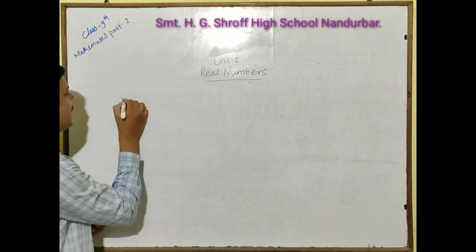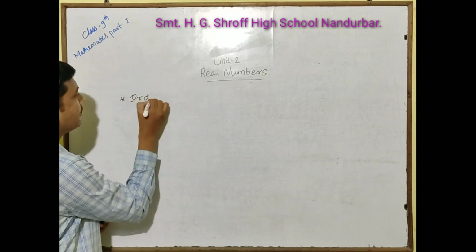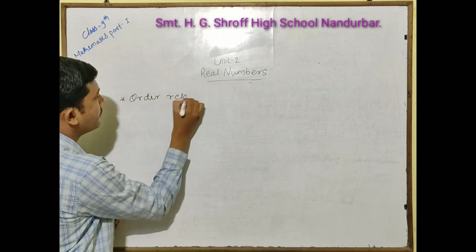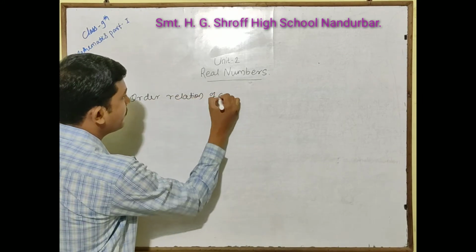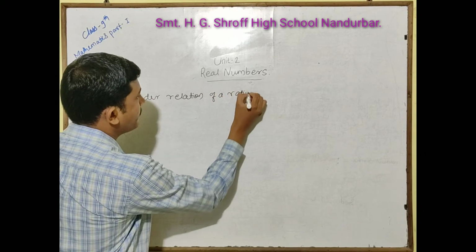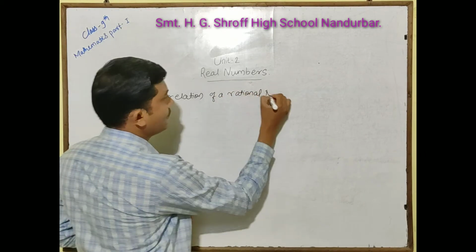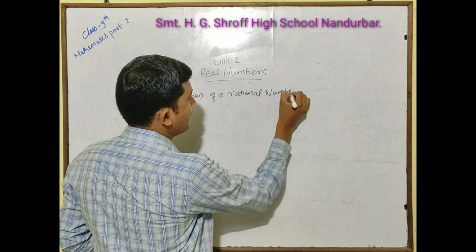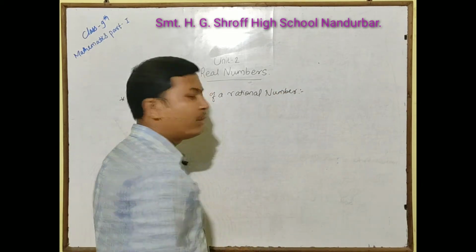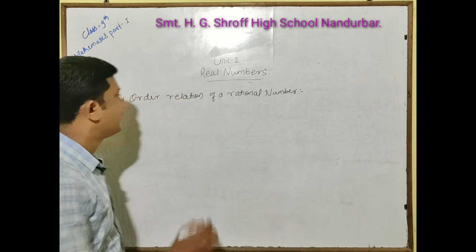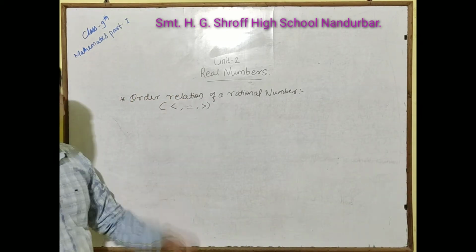order relation of a rational number. Or simply we can say comparison. For the comparison, we use three signs. There are three possibilities.